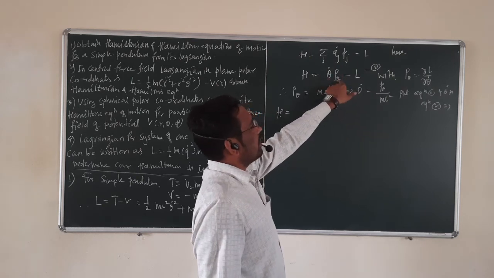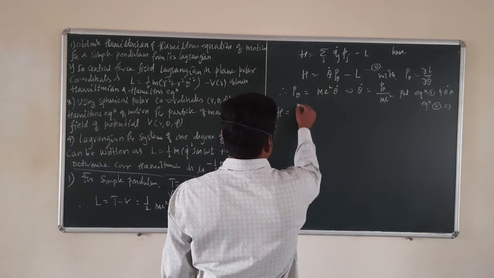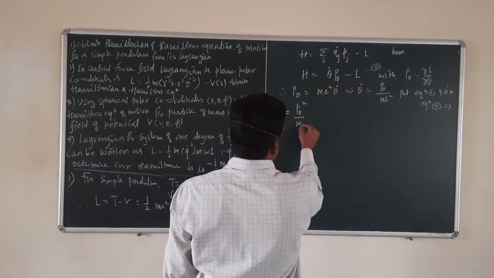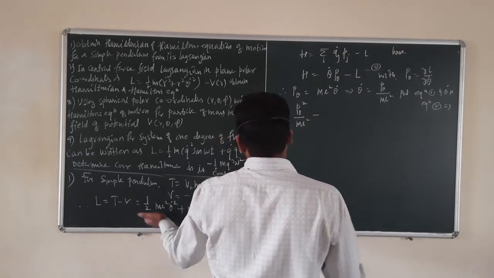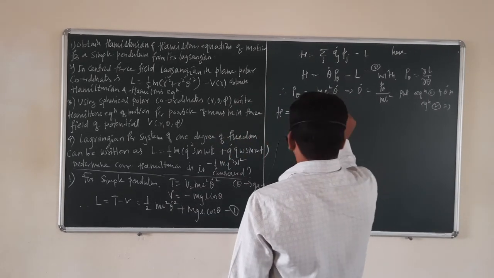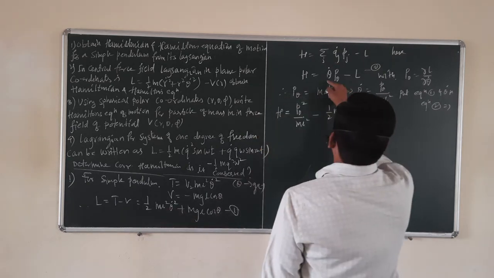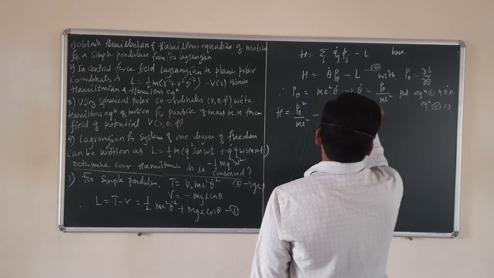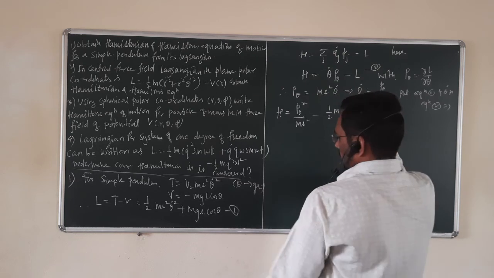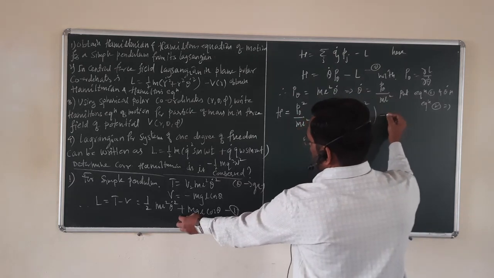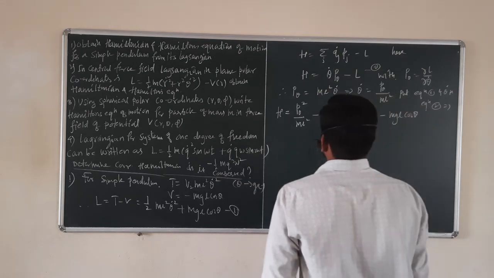So θ̇ multiplied by pθ gives pθ² divided by m l², minus the Lagrangian, and the Lagrangian is 1/2 m l² θ̇². So θ̇² is again pθ² divided by m² l⁴, and this is minus mgl cos θ.